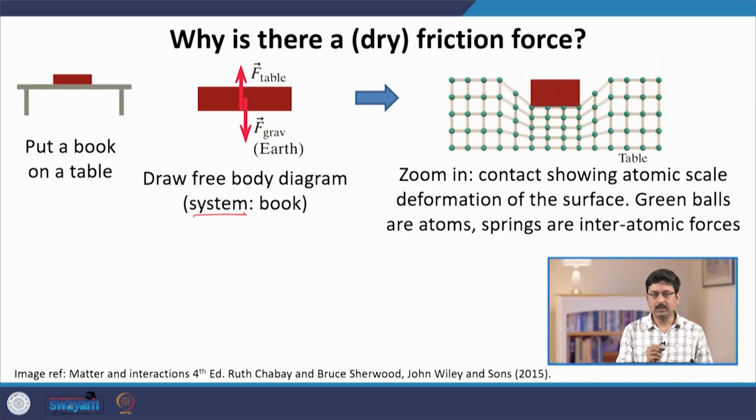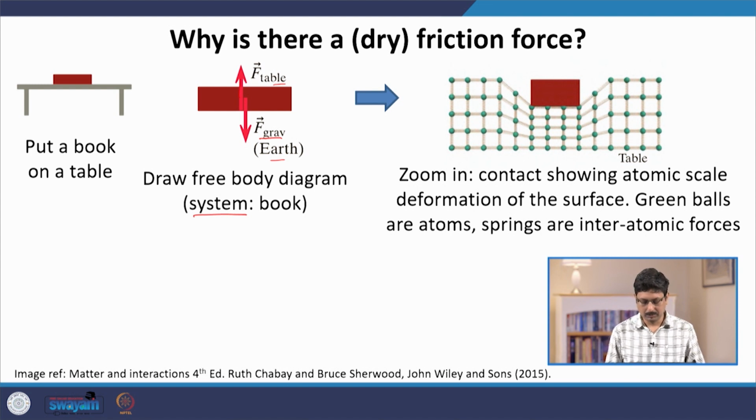Now, what are the forces on the book? We are going to consider the book as our system. In the surroundings there is the earth and the table, and there are forces: the gravitational force on the book by the earth, F grav, acting downwards through the center of mass of the book, and the force F table, which is upwards, by the table on the book.